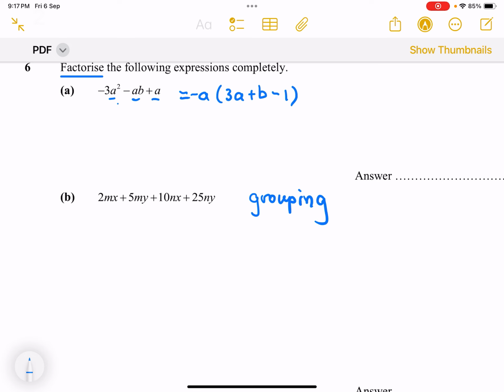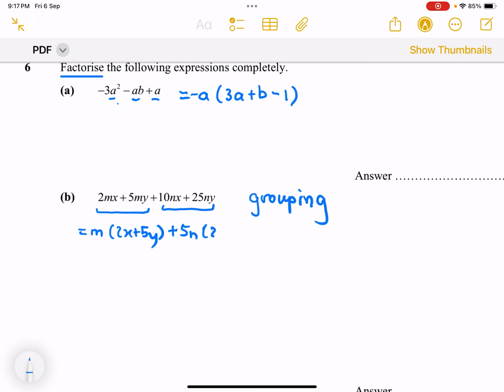In the next sum, we see there are 4 terms, and usually when we see 4 terms, it is factorization by grouping. That means each group has a common factor. So the first group here has a common factor of m. So when we take out m, we have 2x plus 5y. And in the second group, the common factor is 5n. So we take out 5n.